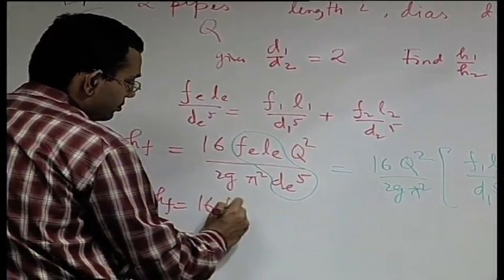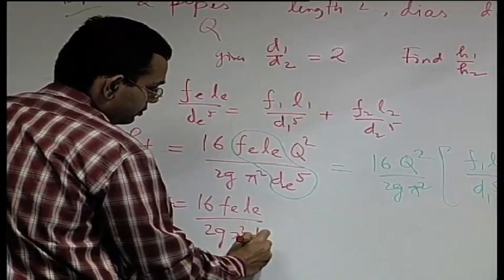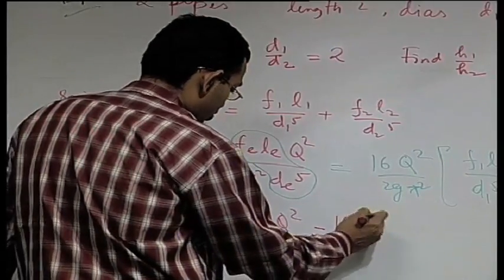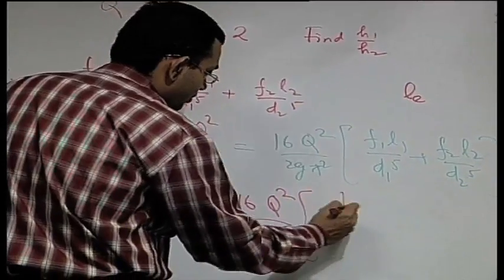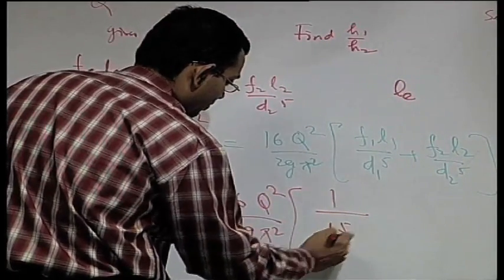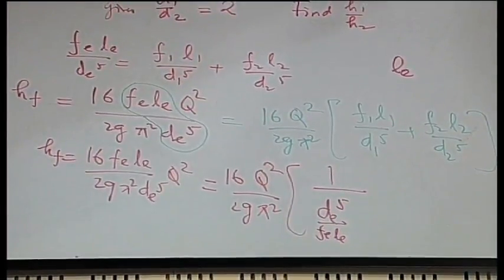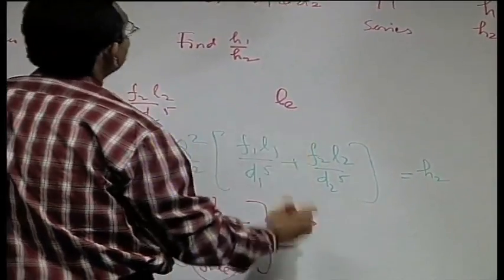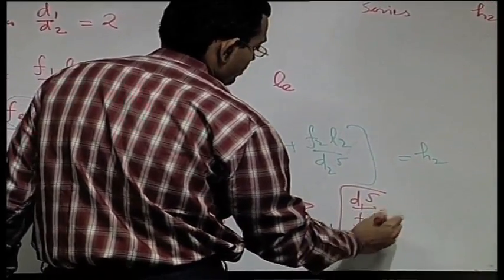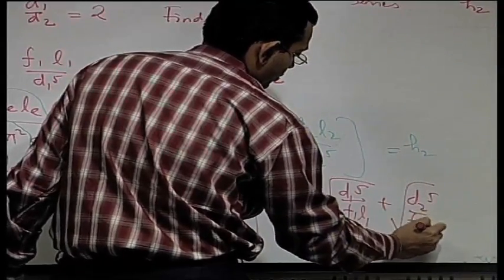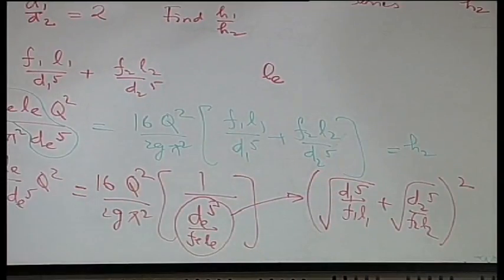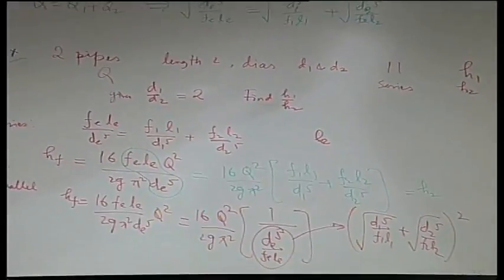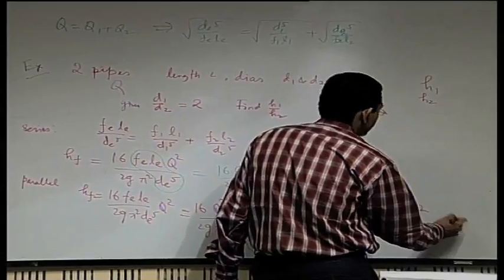If they are in parallel, again the head loss formula is the same, but the expression for the equivalent is different. So you have 16 Q square by 2g pi square, then you have 1 by d to the power 5 by Fe Le, and that you can substitute in place of this one, that is d to the power 5 by Fe Le, and this is given as H1.